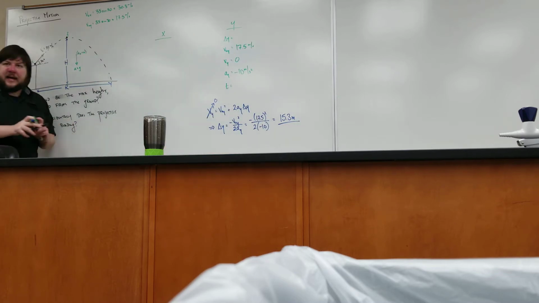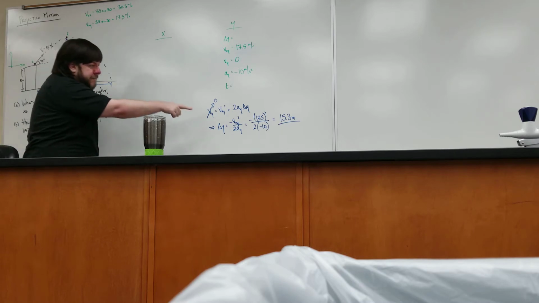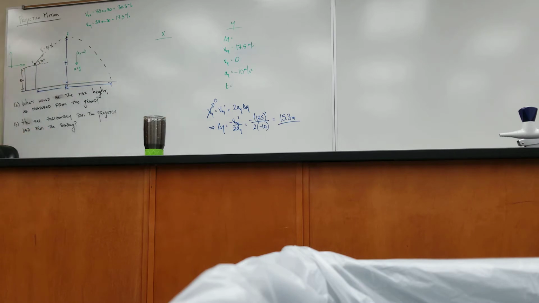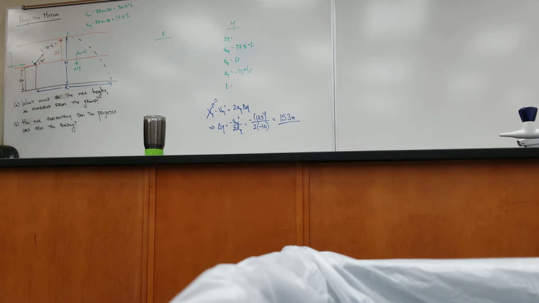So, what is the maximum height of the projectile? It's not 15.3, it's 20.3. Why is it 20.3? Because you gotta add the 5. Exactly. That 15.3 meters represents simply your displacement above your starting height. You started here, this is where the projectile started. The projectile ended here, so this is what delta y represents.